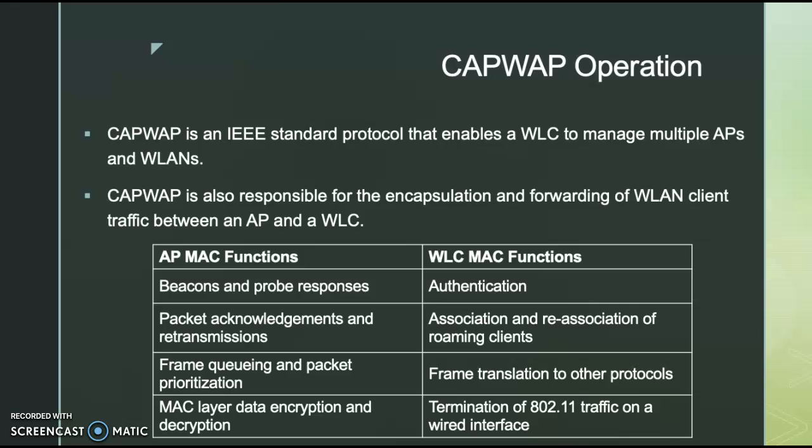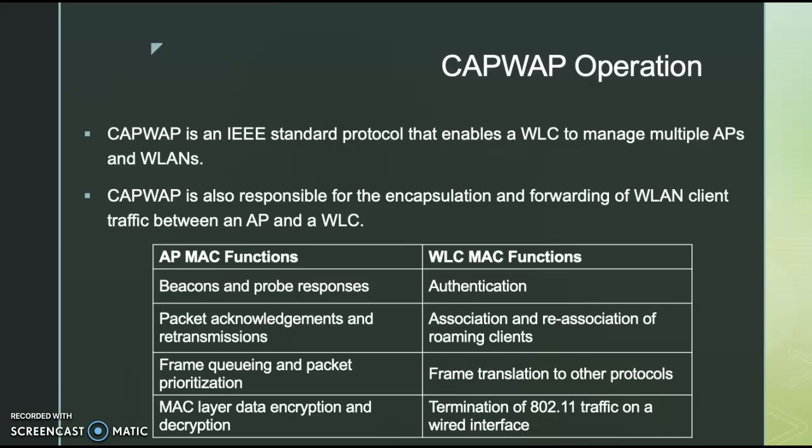Next is CAPWAP operations. CAPWAP is an IEEE standard protocol that enables a WLC to manage multiple APs and WLANs. CAPWAP is also responsible for the encapsulation and forwarding of WLAN client traffic between an AP and a WLC. More so, a key component of CAPWAP is the concept of a split media access control, MAC.